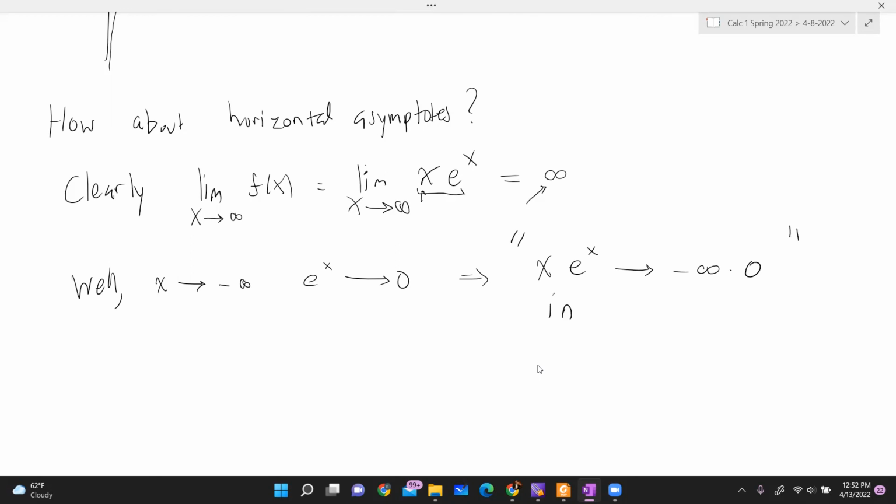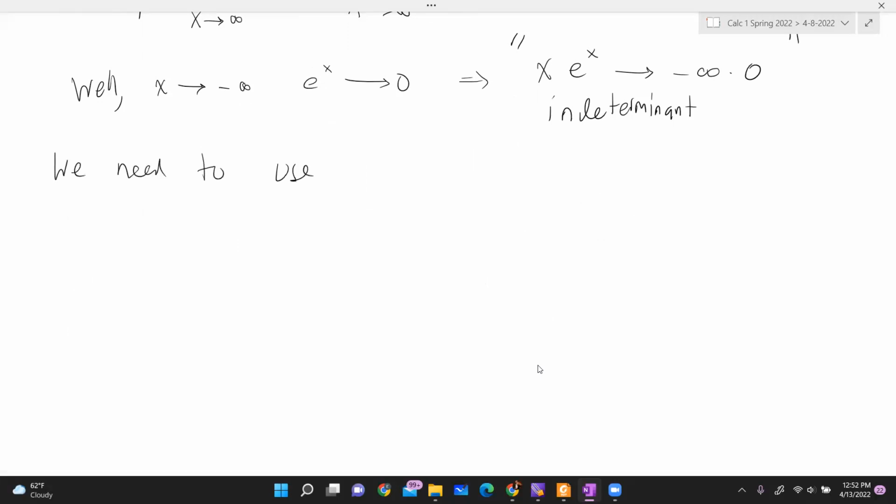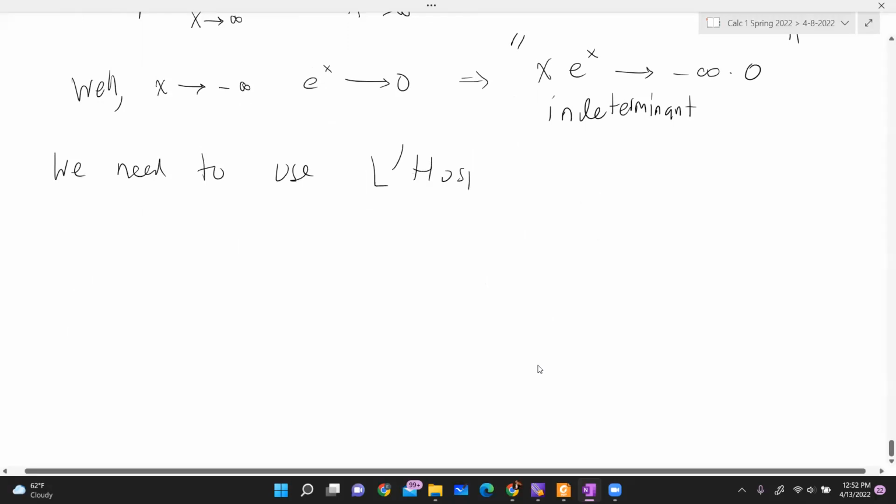Which means somehow we can use L'Hopital's rule by writing our function as some sort of fraction and getting something like 0 over 0 or infinity over infinity. So at this point we need to use L'Hopital's rule.